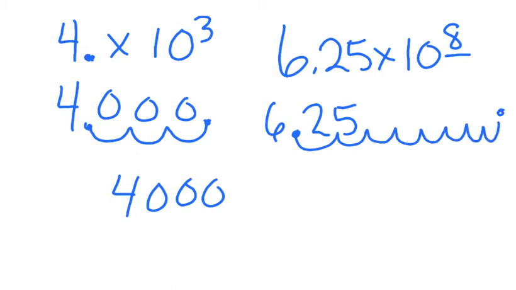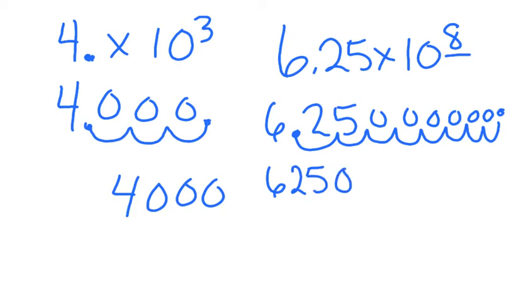Put your new decimal. Fill in your zeros. Rewrite the number. 6, 2, 5, 1, 2, 3, 4, 5, 6, 7 zeros. Let me recount that. 1, 2, 3, 4, 5, 6, 7. Right. Then go back and put your commas in. Okay?